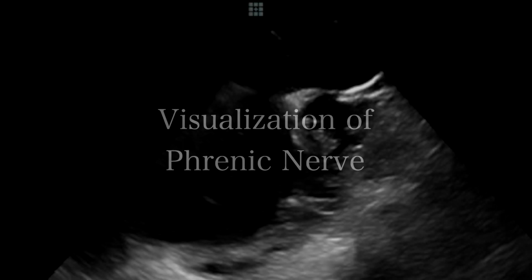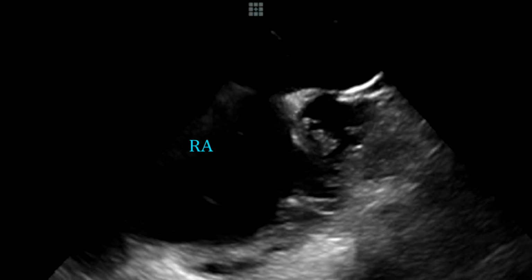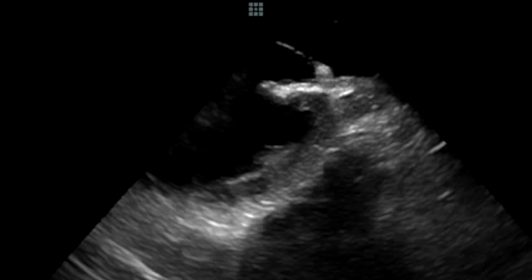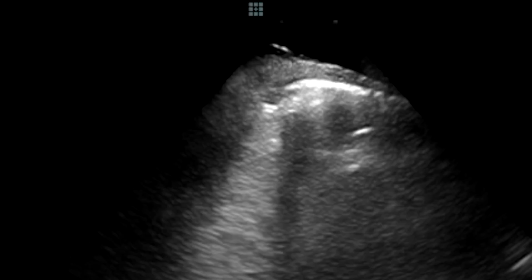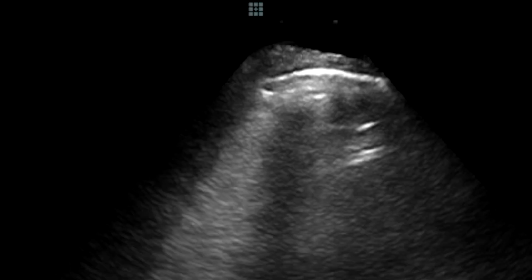Here is an example of visualization of the right-sided phrenic nerve during catheter ablation inside the right atrium and SVC. Here in this view, you can appreciate the right atrium, SVC, as well as the right atrial appendage. At this time, we go ahead and perform counterclockwise rotation of the ICE. Sometimes the ablation catheter comes into view, but we are going to be concentrating on the superior vena cava as well as the phrenic nerve.